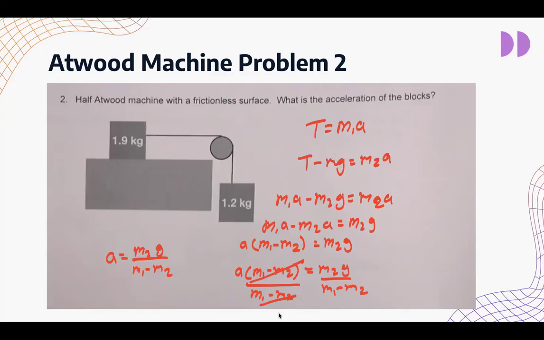Oh, wait. Did I make a mistake? I did. Sorry, guys. This is why you have to go back and check your work. This is what having your steps written out is for.